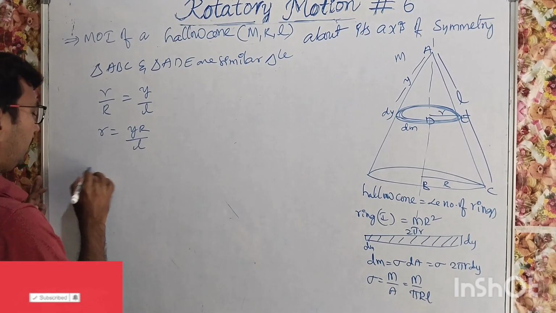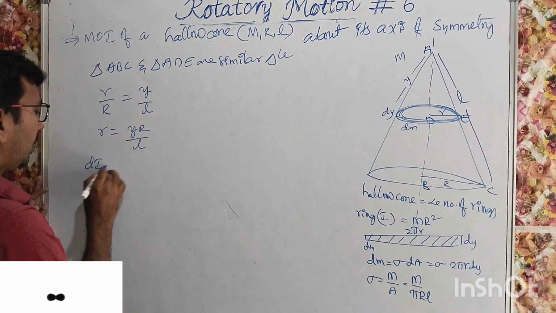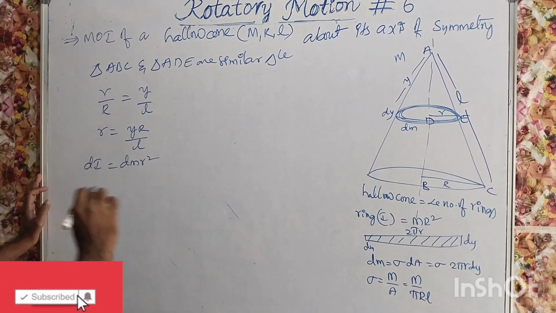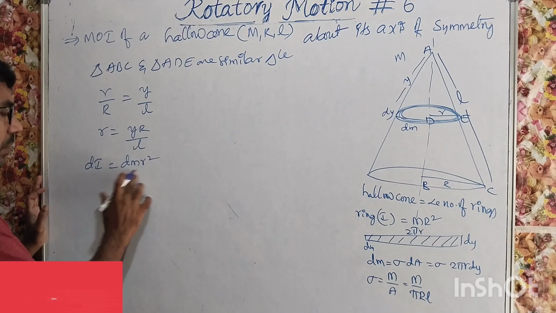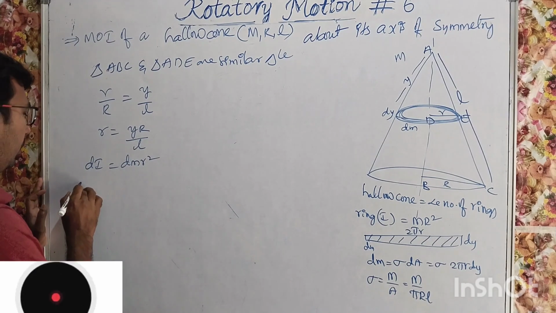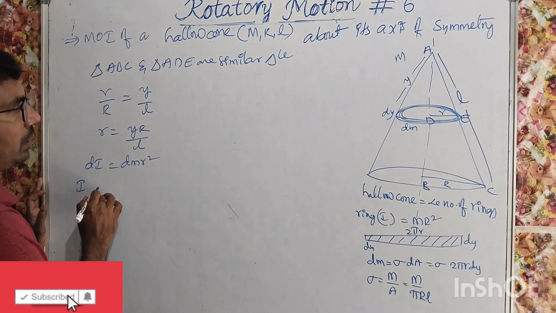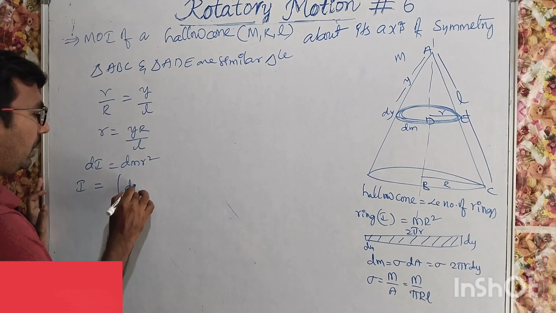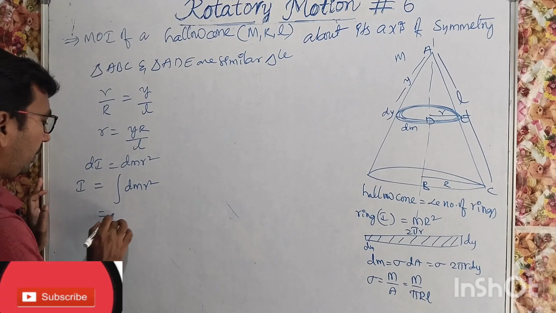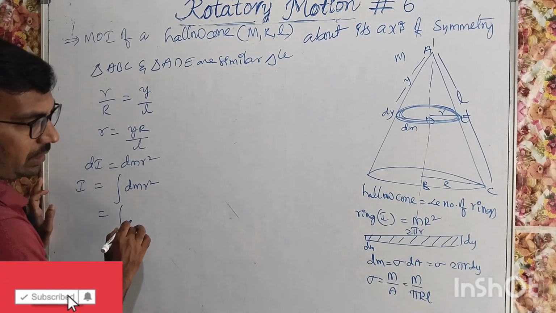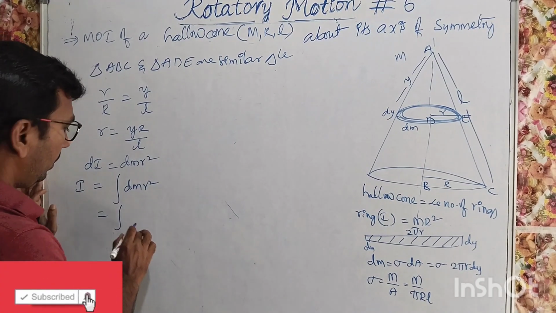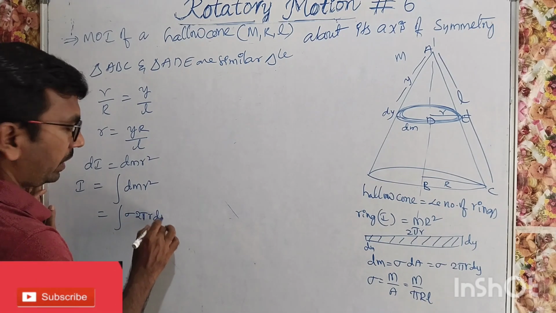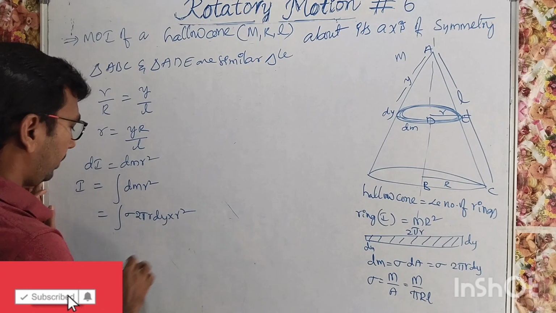So the moment of inertia of a ring, dI, is equal to dm r square. I want the total moment of inertia of the hollow cone. So integration of dm r square. Substitute the dm value here: dm is equal to sigma 2 pi r dy into r square.